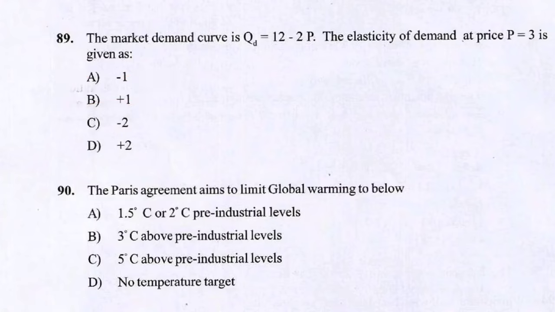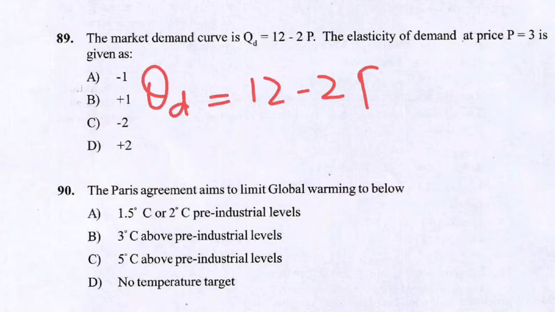Next question is, the market demand curve is given by quantity demanded q is equal to 12 minus 2p, where q is the quantity demanded and p is the price. The elasticity of demand at price equal to 3 is, so we have quantity demanded is equal to 12 minus 2p, price being given as 3.